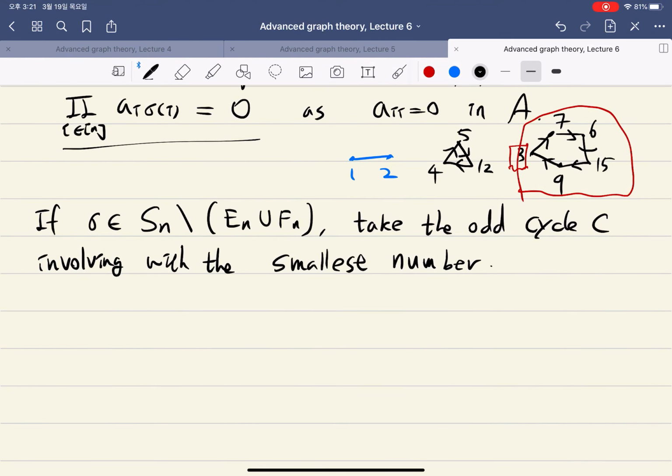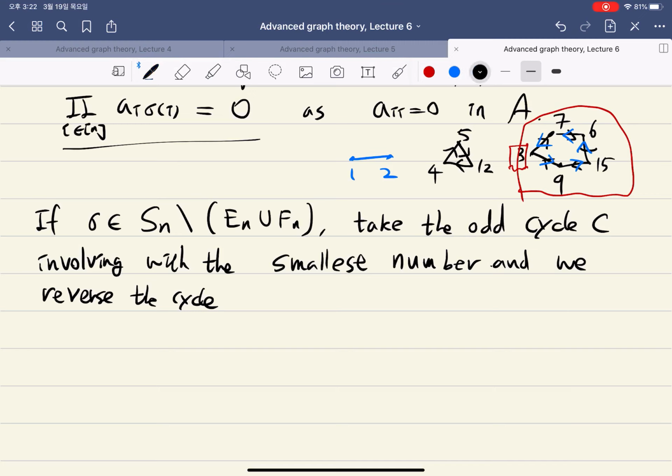And what we do, we reverse the cycle. So now instead of this direction, we consider the other direction.